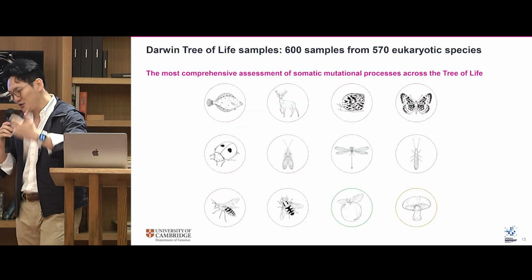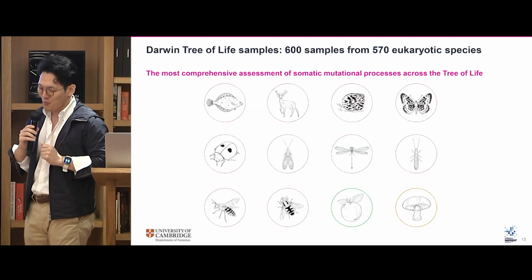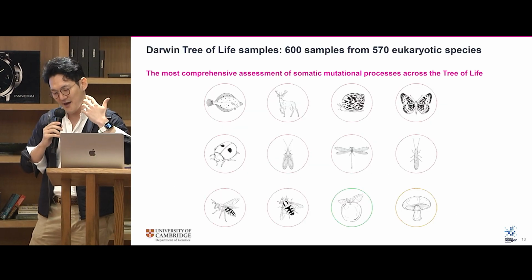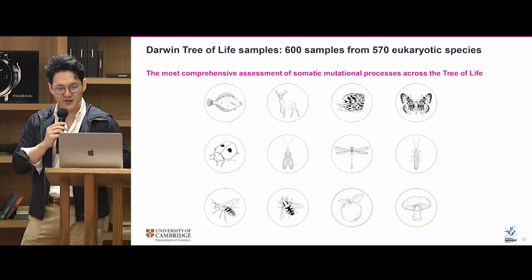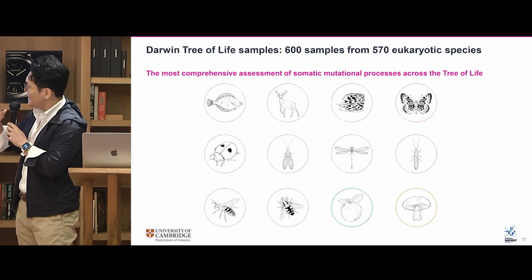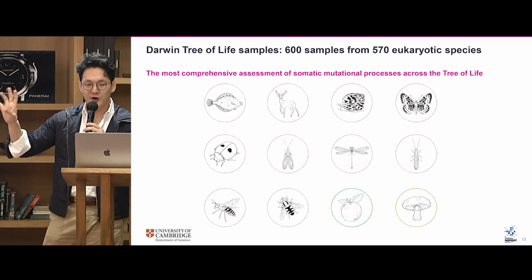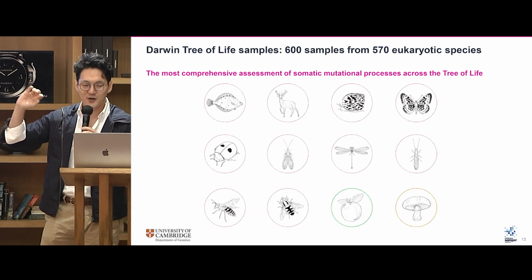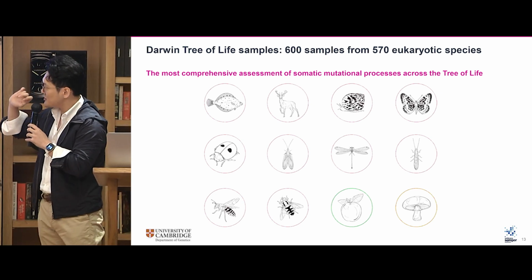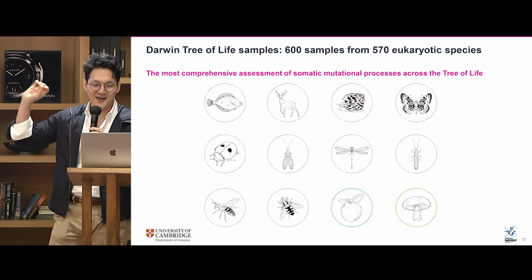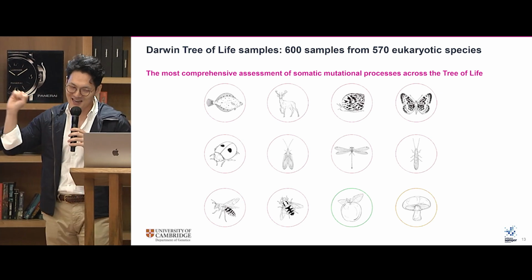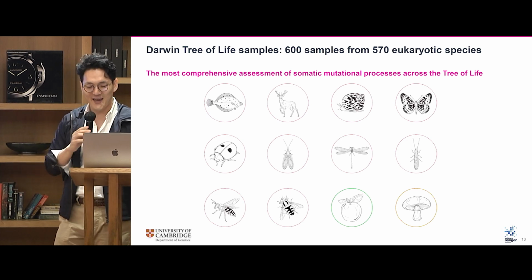So we're starting to gain more confidence that this method works, and we're starting to directly observe the somatic mutational processes across the tree of life. We started looking at 570 eukaryotic species across 600 samples, across different taxonomic classifications. We sequenced fish, mammals, mollusks, Lepidoptera, Diptera, and so we started using every sample that we could get our hands on.